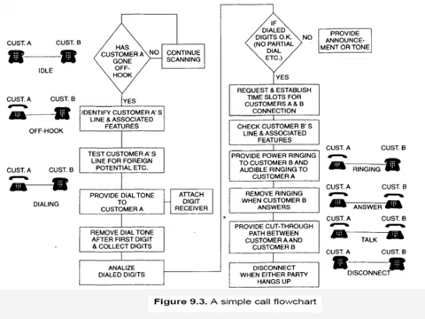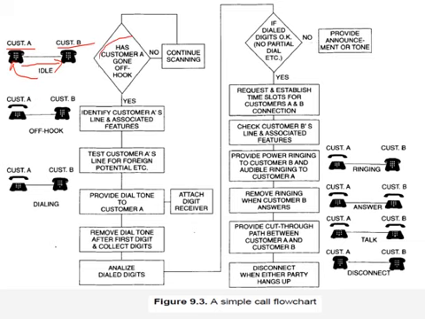So let us see the same thing in a flowchart form. Here we are seeing that we have two customers, customer A and customer B, and customer A wants to get connected to customer B. As specified previously, continuous scanning will be done of the line using the line module.